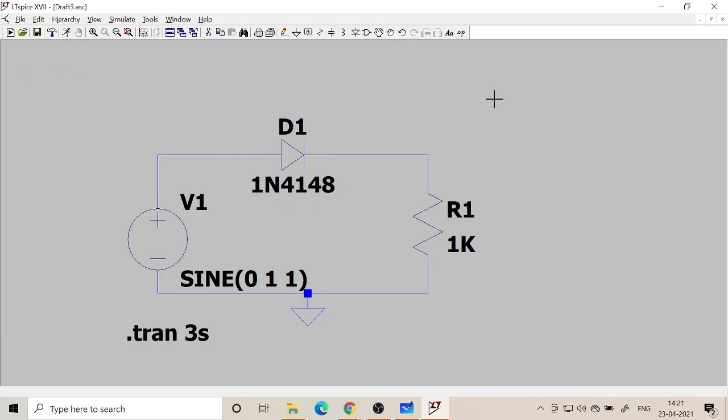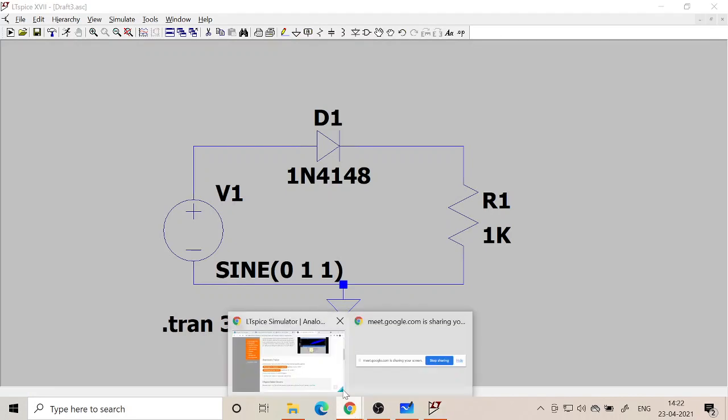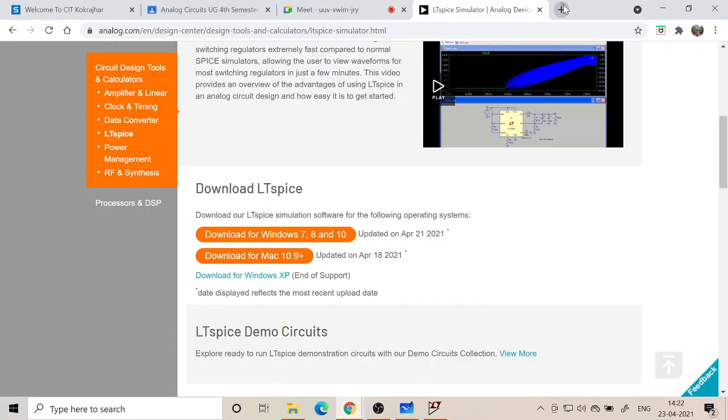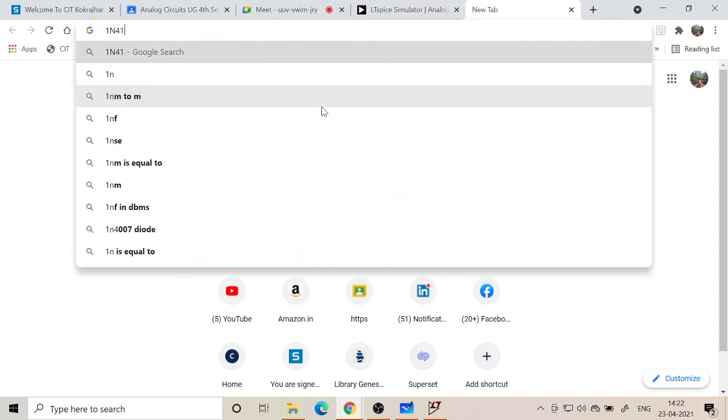Yes, sir. The other way is to look at the manual, or just Google this component, 1N4148.